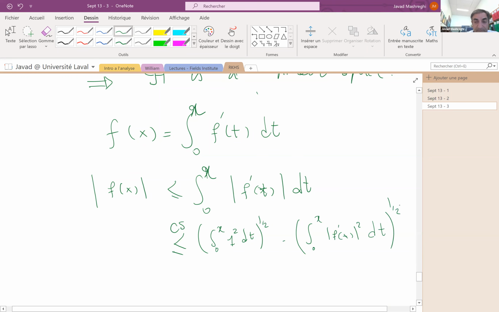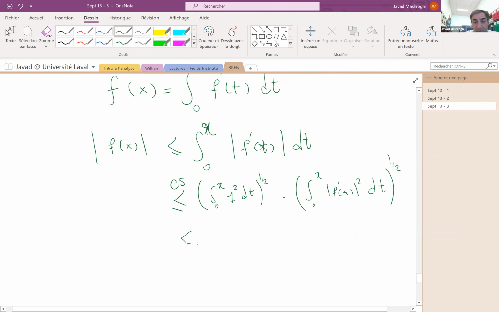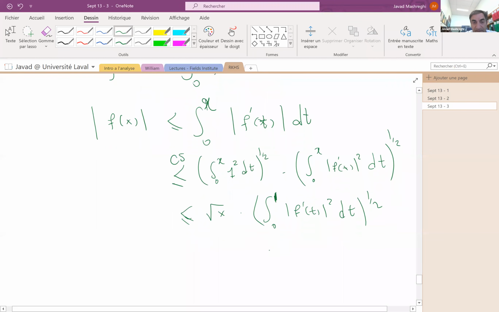Less than or equal, this is root x. And here, be a bit generous. That's not a mistake this time. I replace x by 1. And this is root x times the norm of f in H.